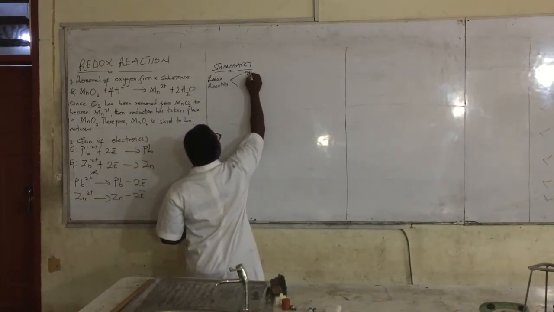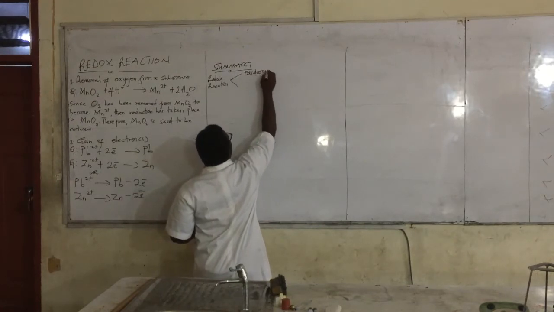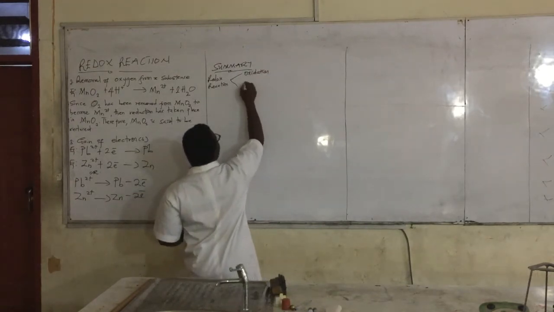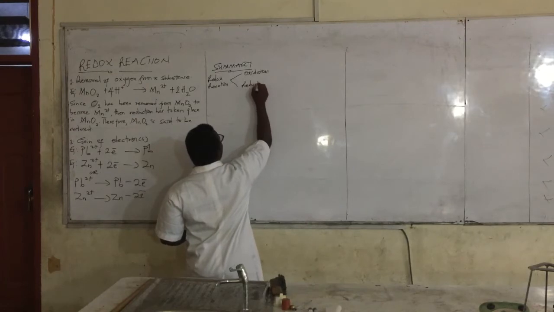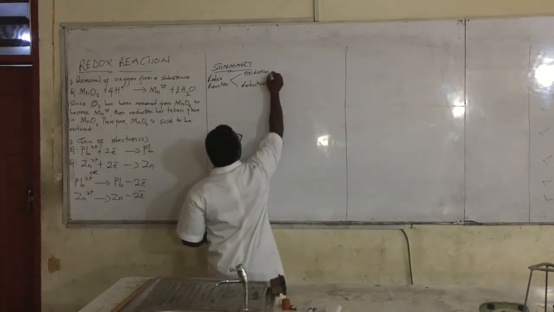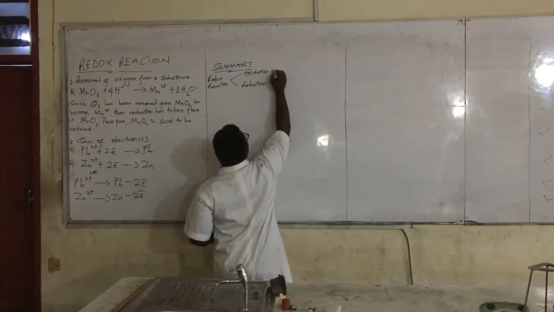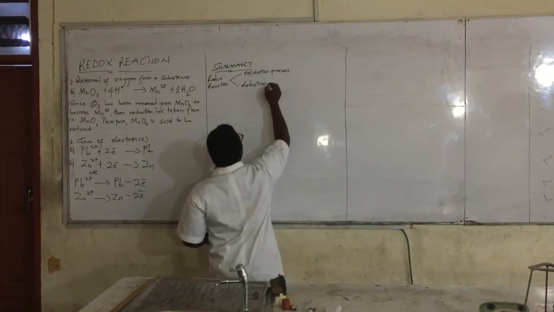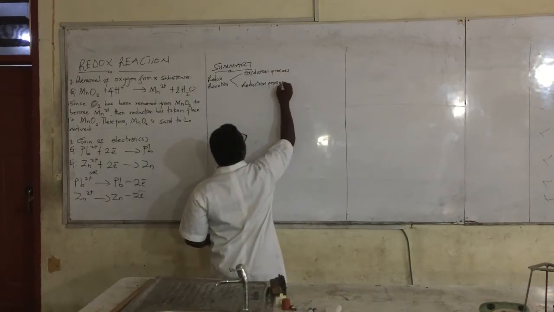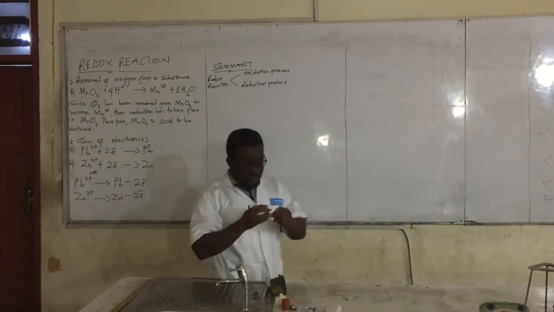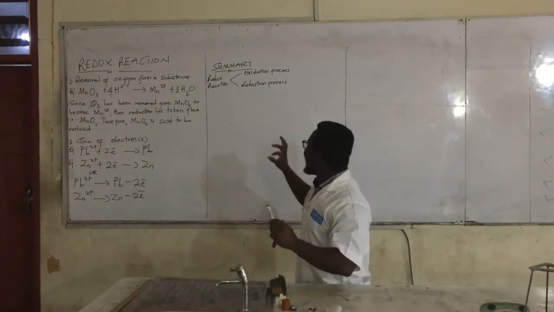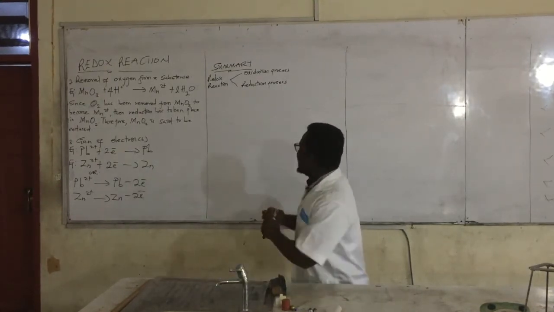We have oxidation, and then we have reduction. So oxidation process, and then reduction process. These two processes, we have said that they occur simultaneously.